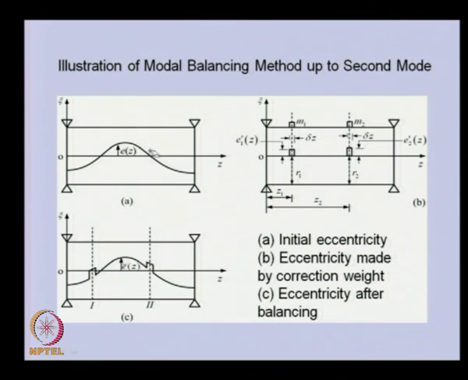So these steps correspond to the concentrated correction masses which we have kept. We are expecting that these two masses will balance the rotor up to the second critical speed. The meaning of that is not only will it balance the first mode near the first critical speed, it will also balance the second critical speed, and our aim is to obtain M1 and M2. So now let us see how we can do this.